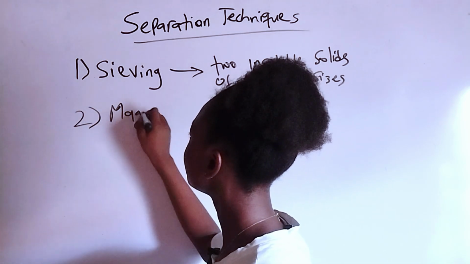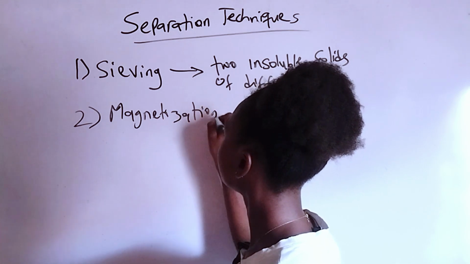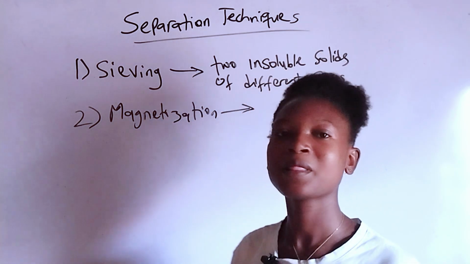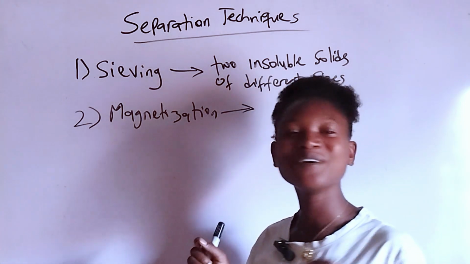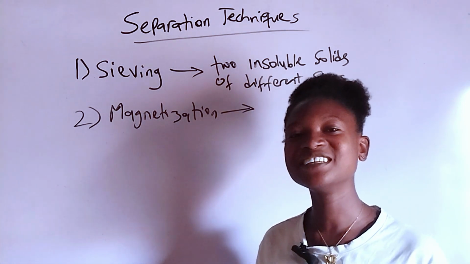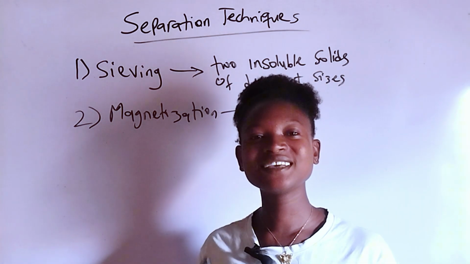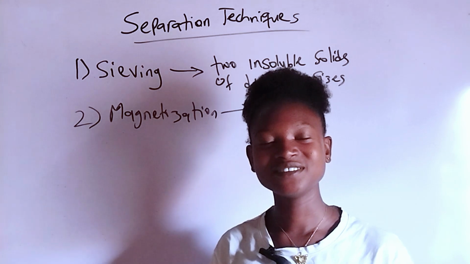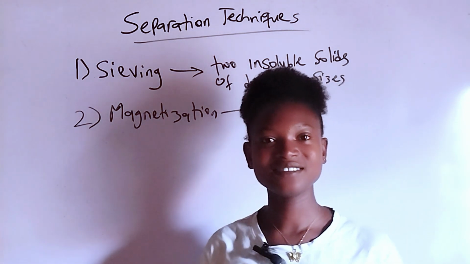Another method is magnetization. From the word magnet, we all should know what that will mean. Magnetization is a separation technique for separating magnetic attracting components. You have a mixture and one of the components of your mixture can attract magnets.